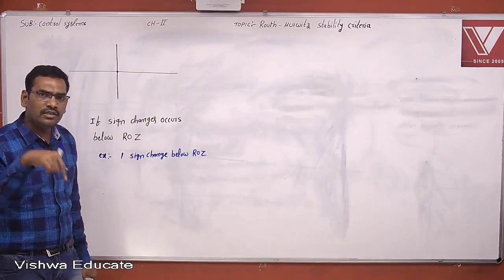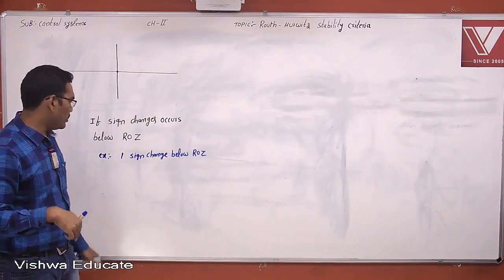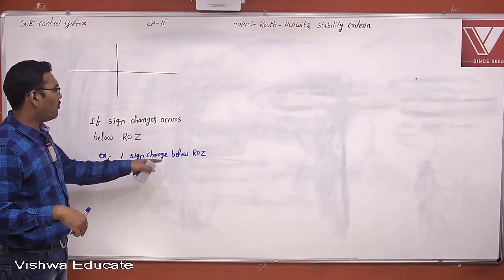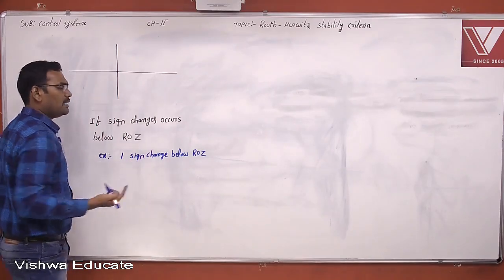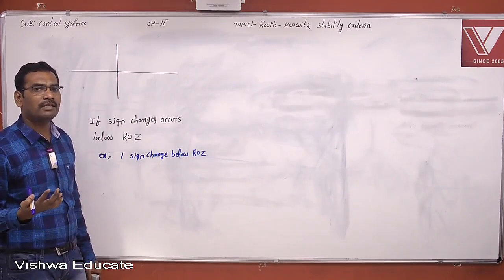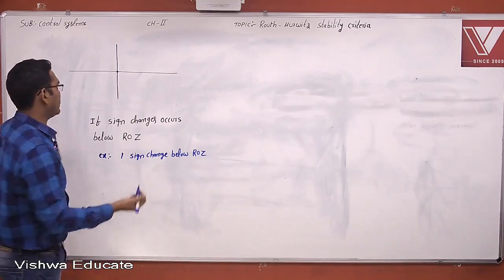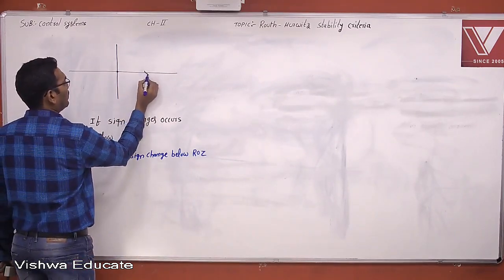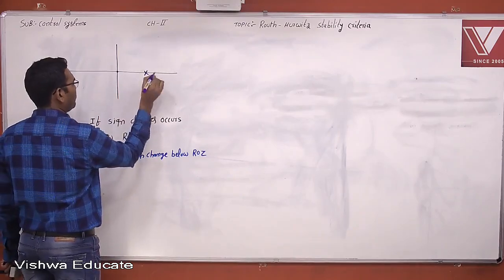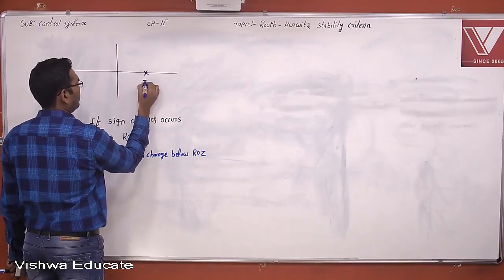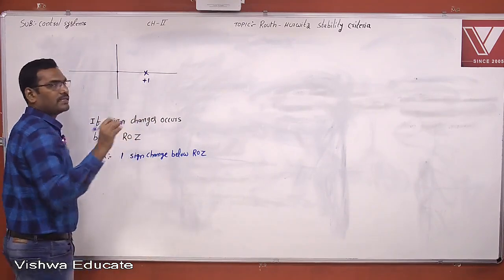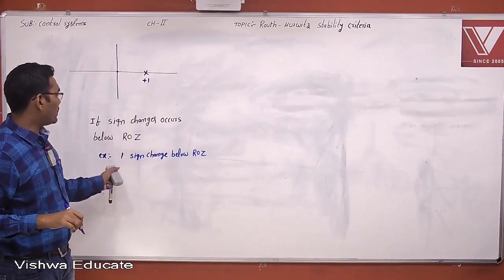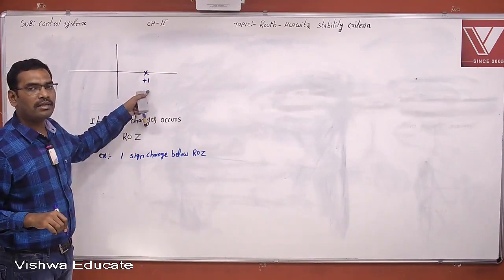If any sign changes occur below ROZ, let us take for example one sign change. What is the meaning of one sign change? One pole is on the right hand side. Let us assume this is at somewhere, for example, plus 1. Therefore, one pole is on the right hand side.